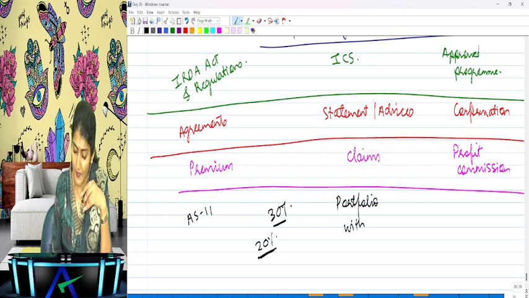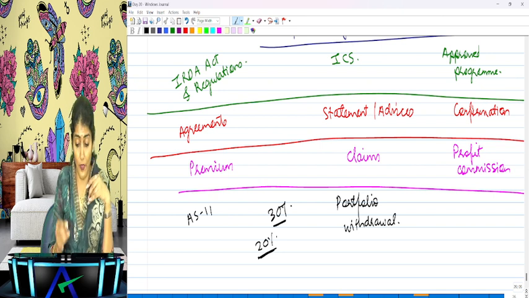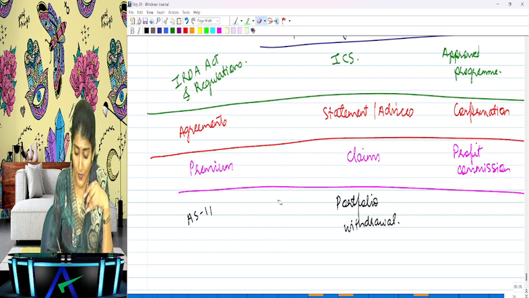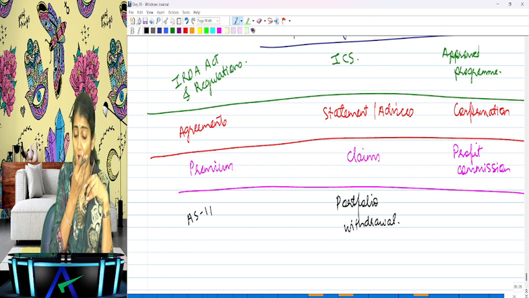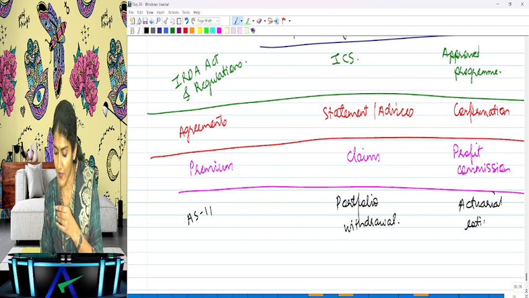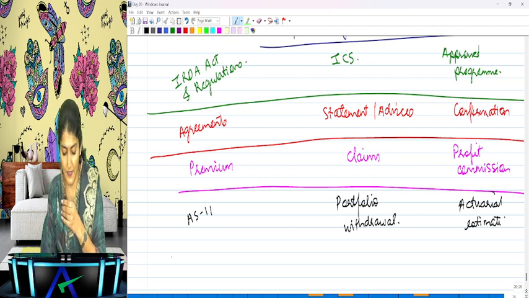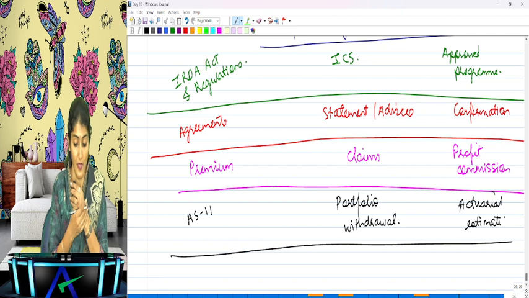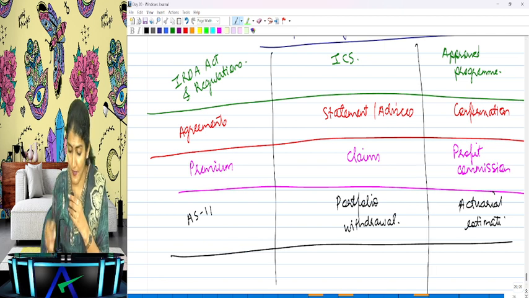So again, ascertain the reasons for the portfolio withdrawal. And now, if you've got 20% of your policies reinsured or 30% of your policies reinsured, how much liability will come on you? For that, an actuarial estimate is required.